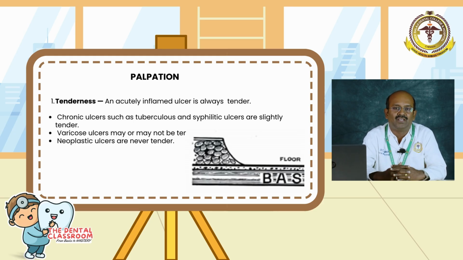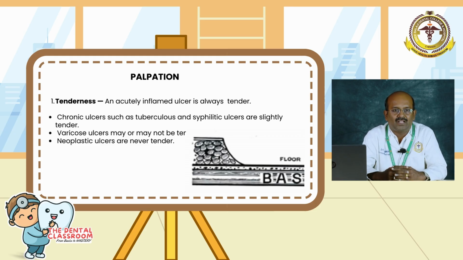That is palpation. The first thing, once you put the finger on the ulcer, the patient is going to shout, that is tenderness. Is it a tender ulcer or a non-tender ulcer? The tenderness gives a clue whether the ulcer is painful or painless. If it is painful, it's an acute ulcer of inflammatory origin.